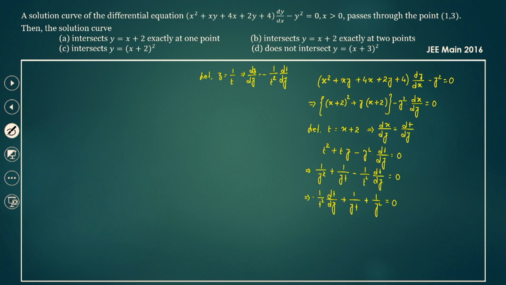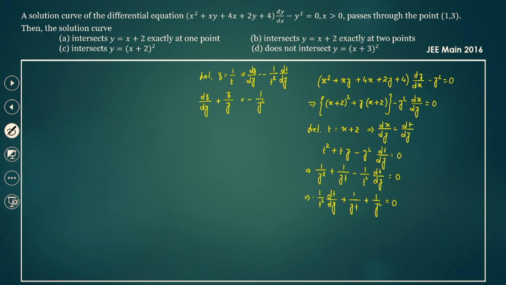So the equation reduces to dz/dy, then 1 by t, which is z, so we can write dz/dy plus z by y equals minus 1 by y squared.